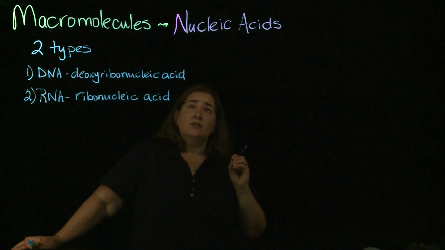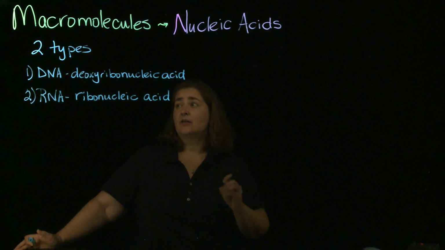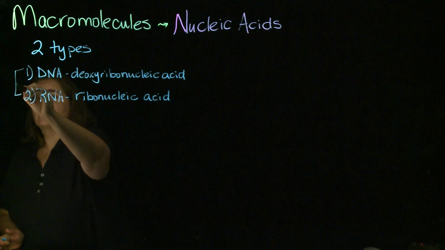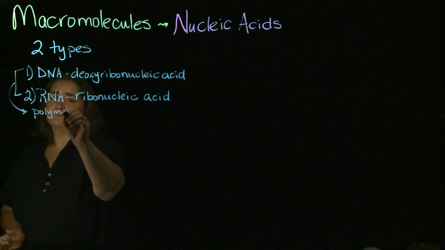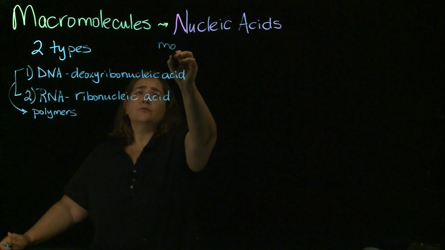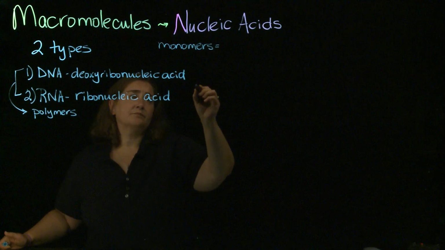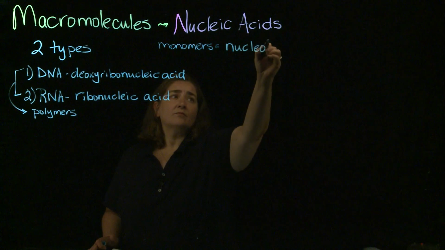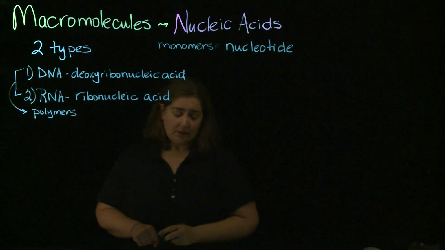In the context of our nucleic acids, the DNA and the RNA, these are our polymers. Our monomers are going to be the nucleotides.